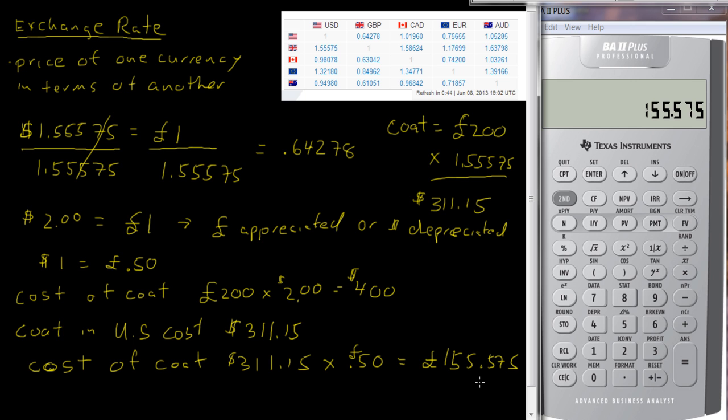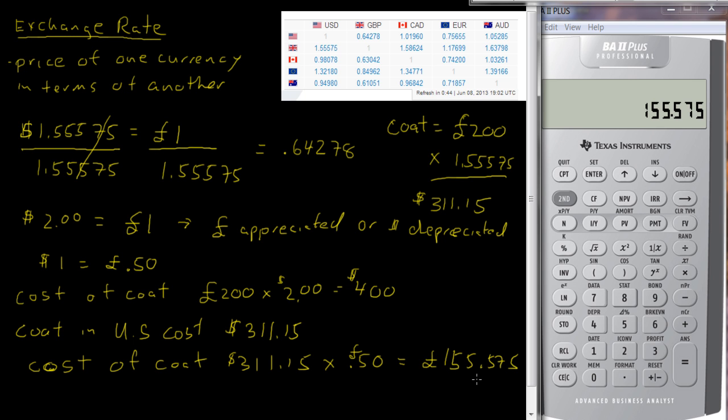So what's going to happen? U.S. residents are going to import less British goods, but we're going to export more goods to Great Britain because there's going to be great demand. I mean, if I'm a British resident, am I going to pay 200 pounds for a coat, or do I want to buy a similar coat for 155? I want to buy the imported U.S. coat.